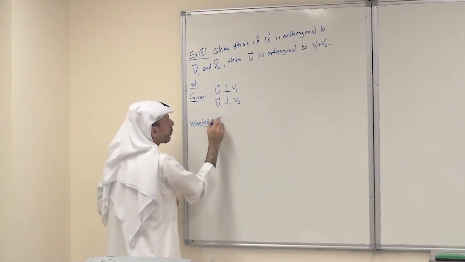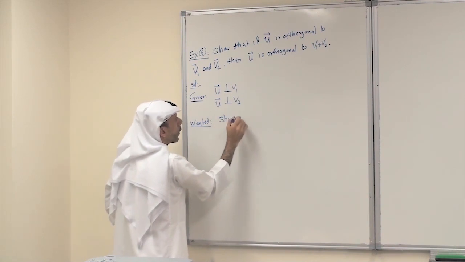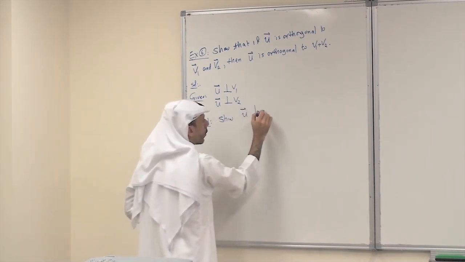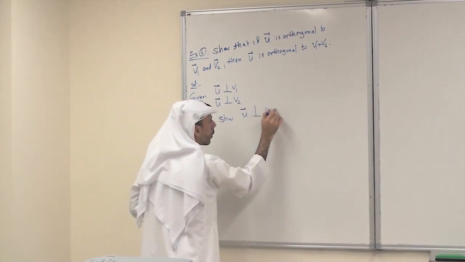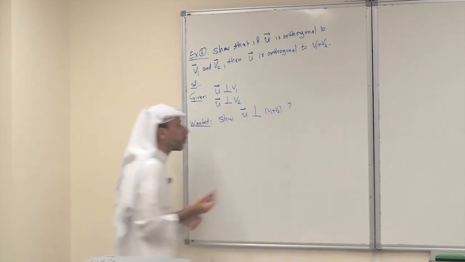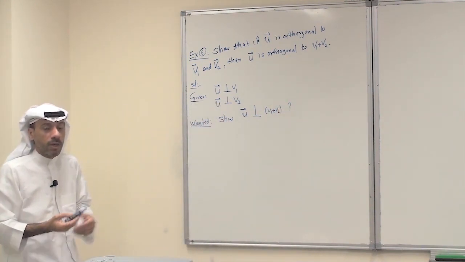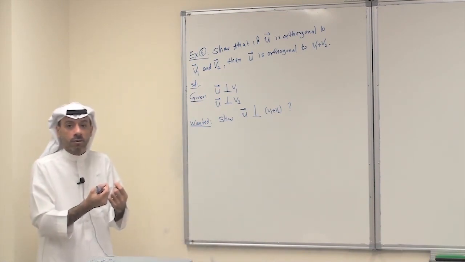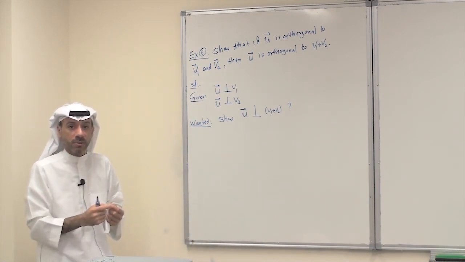Show the vector U is orthogonal to the sum V1 plus V2. This is what is required. Well, how to show that two vectors are orthogonal? Two vectors are orthogonal if the dot product is 0.